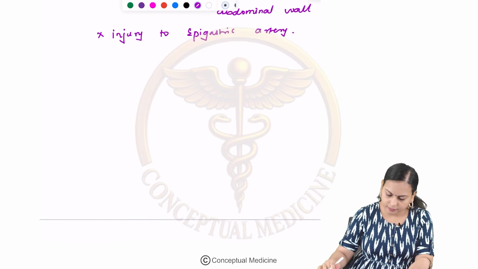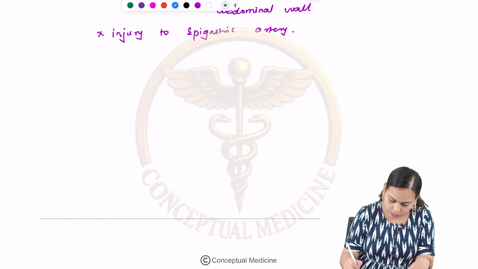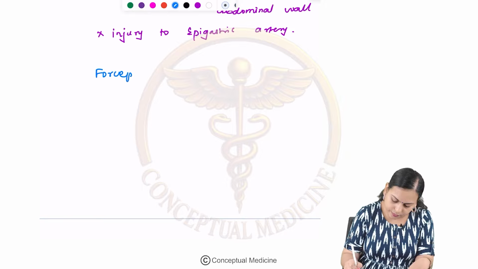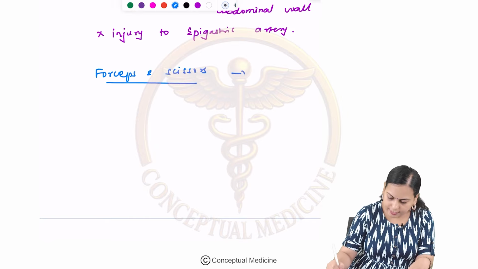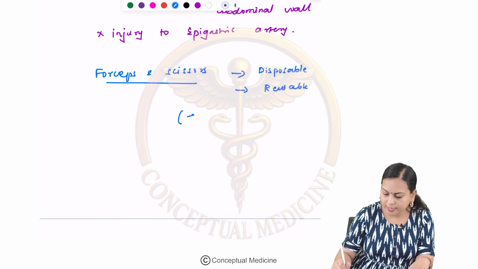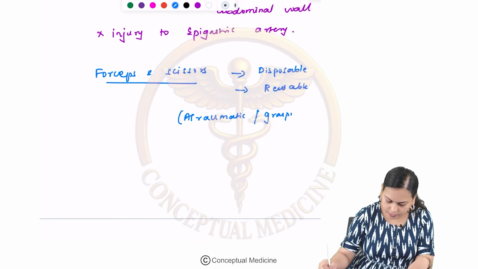Okay, then we'll go to the forceps and scissors. So these can be of the disposable type or reusable type, as well as they can be atraumatic or grasping forceps.